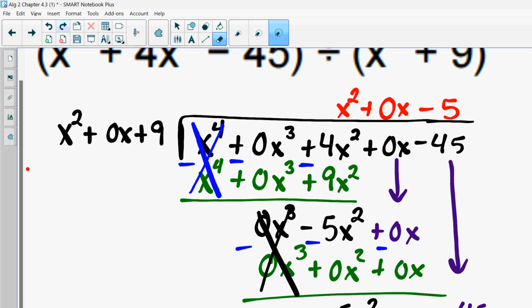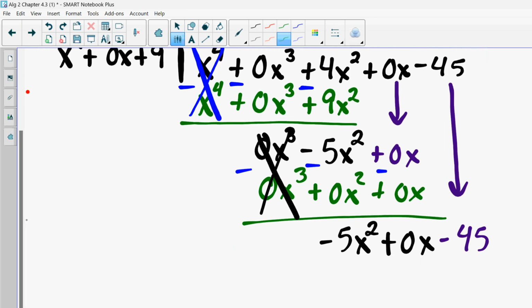Now the last thing we need to do is this multiplication of negative 5. If we do this multiplication here, negative 5 times x squared is negative 5x squared. Negative 5 times 0x is plus 0x. And negative 5 times 9 is negative 45.